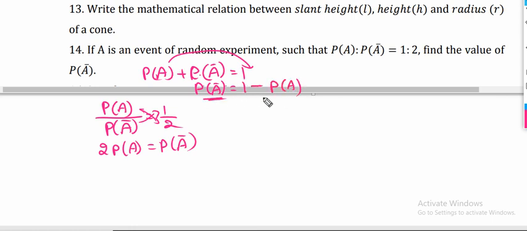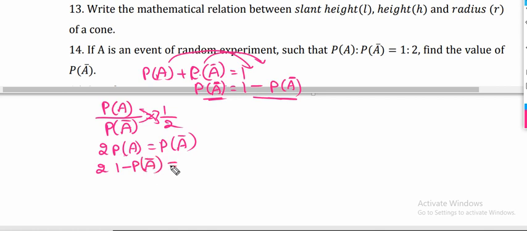So by substituting the value here, 2 into P of A, we have to retain this one, we have to change this: P of A is equal to 1 minus P of A naught. You transfer this to the right hand side. For substituting P of A, we get 1 minus P of A naught.